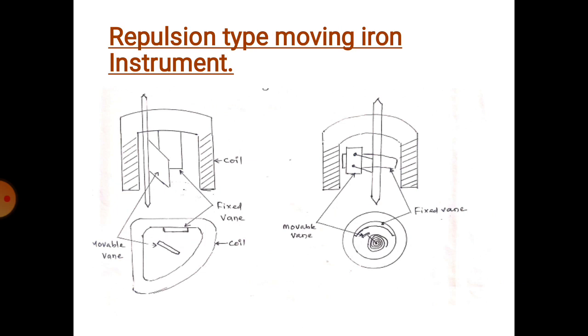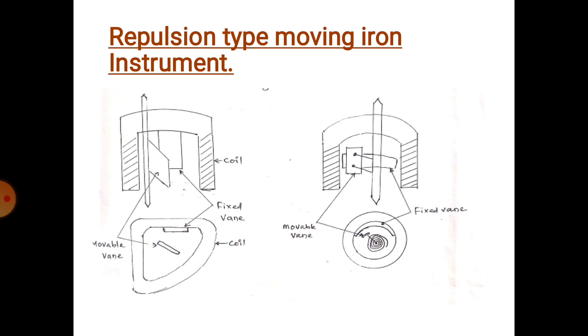In the repulsion type there are two vanes inside the coil, one fixed and one movable. These are equally magnetized when the current flows through the coil, and there is a force of repulsion between the two vanes, resulting in the movement of the movable vane. There are two types here: radial vane type and coaxial vane type.